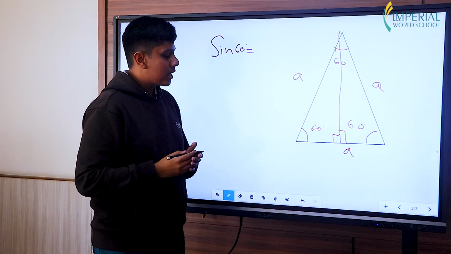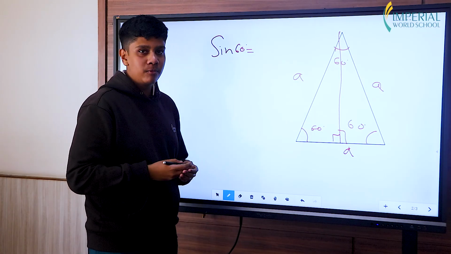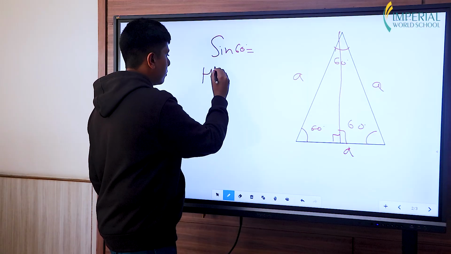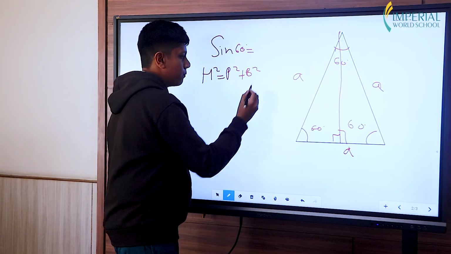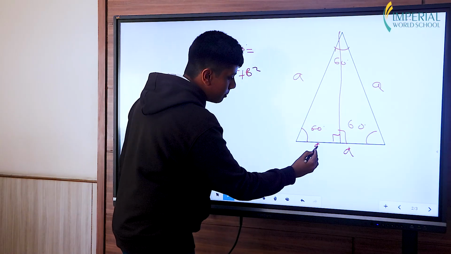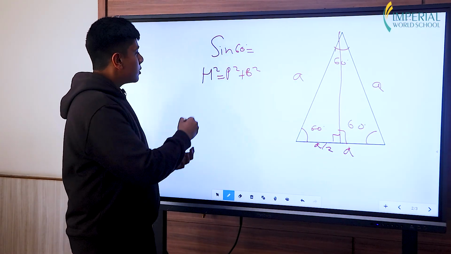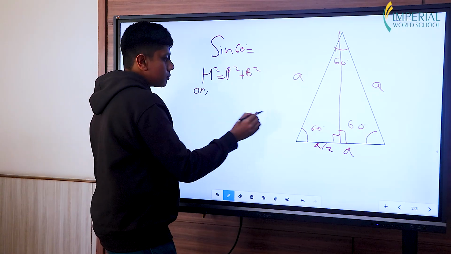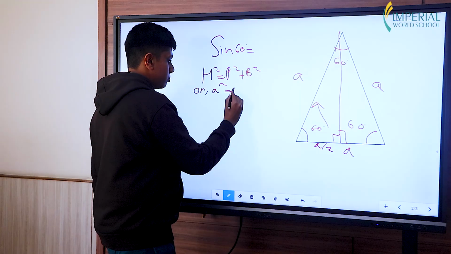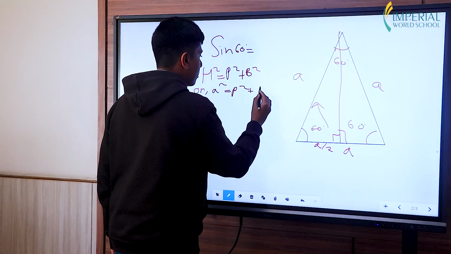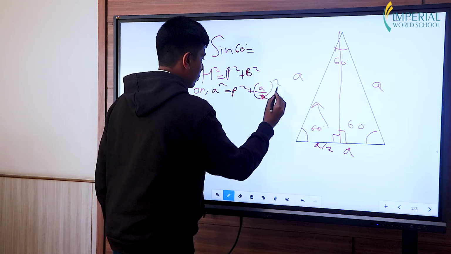But here we don't have the value of perpendicular, so we are going to use the Pythagoras theorem, which states h square equals p square plus b square. Here b can be written as a by 2 as the median divides the base into two halves. So we can rewrite this, with this being the hypotenuse, as a square equals p square plus a by 2 whole square.